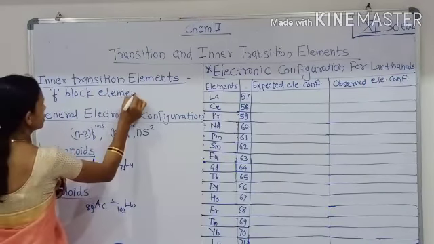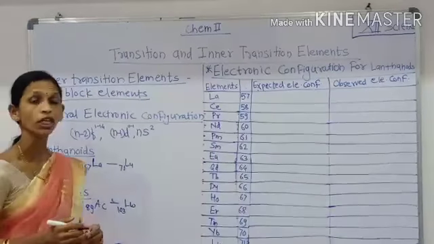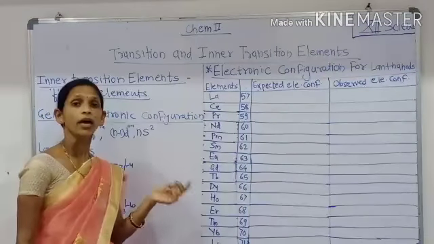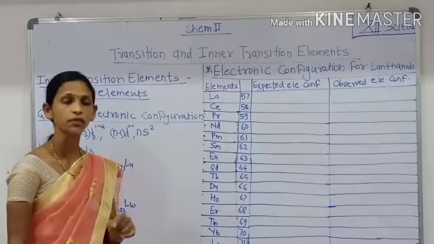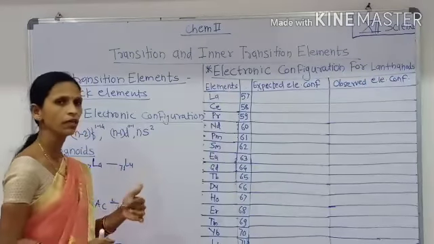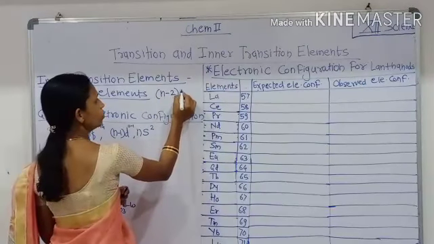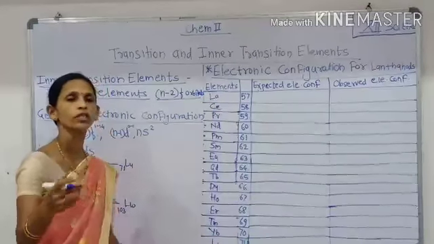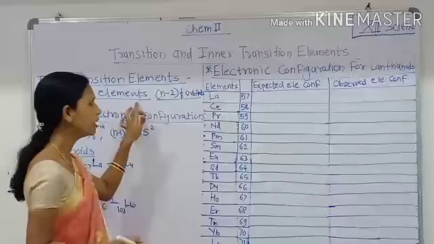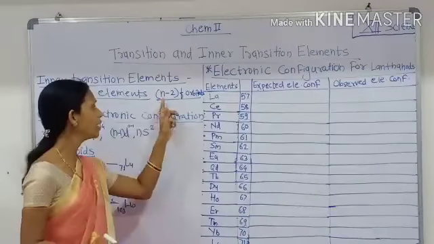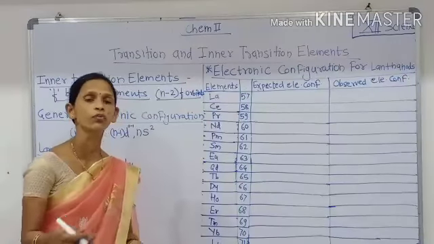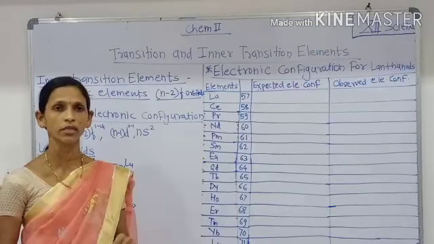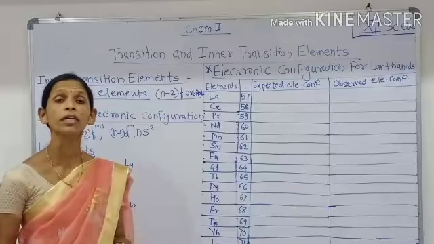That means the elements in which the n-2 f orbitals, that is the penultimate f orbitals, are gradually or progressively filled up are called inner transition elements, or f block elements. All of you studied about that.